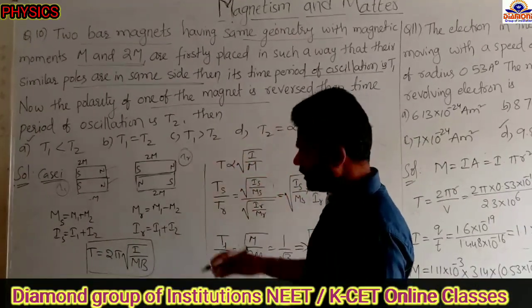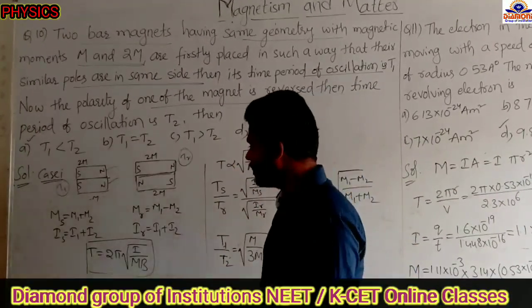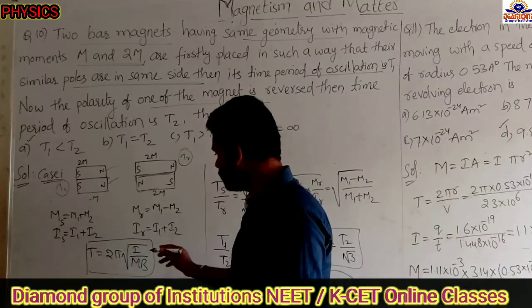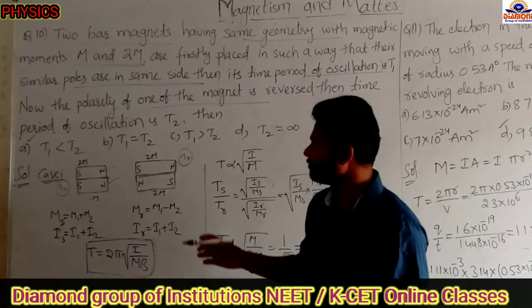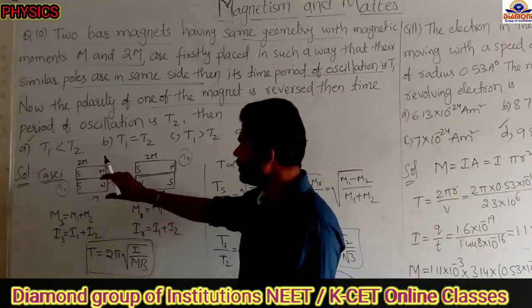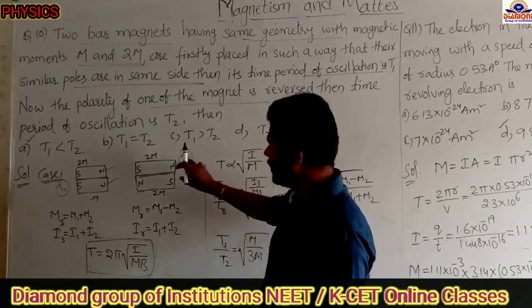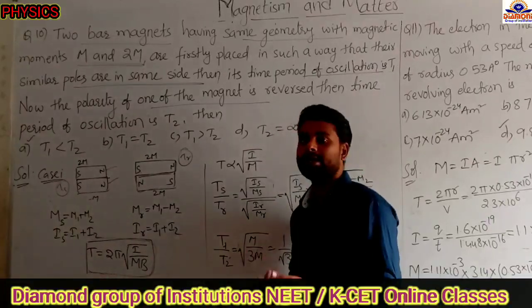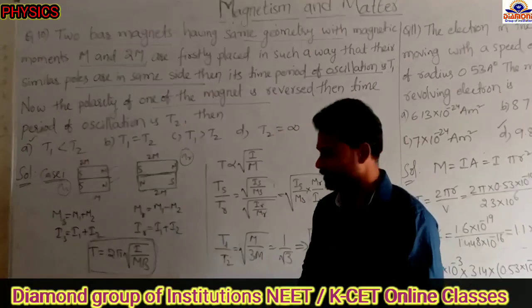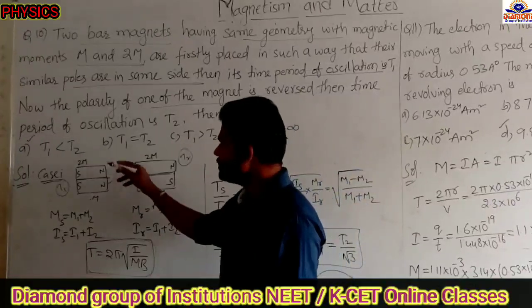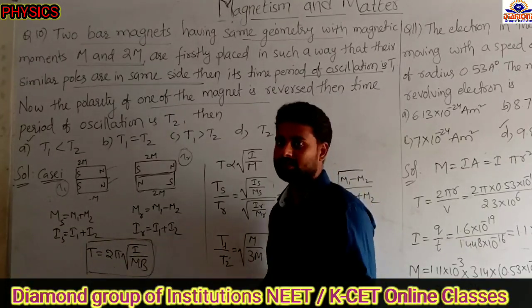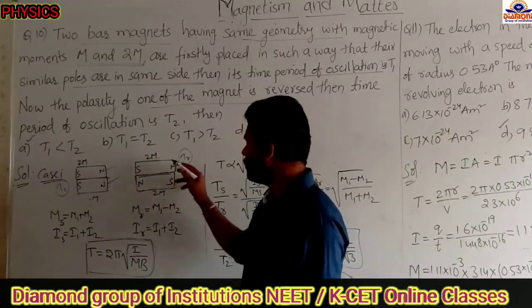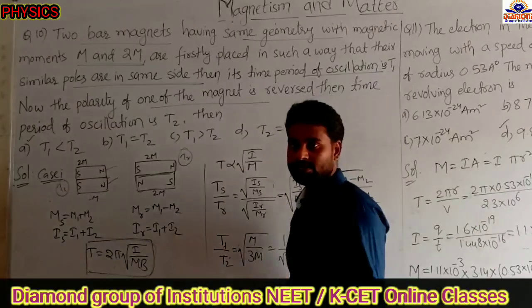We already know the formula for the time period, T equals 2 pi into root of I by MB. If similar poles are on the same side and if unlike poles are on the same side, how do the magnetic moment and moment of inertia change? If we change the polarities, the moment of inertia does not change.